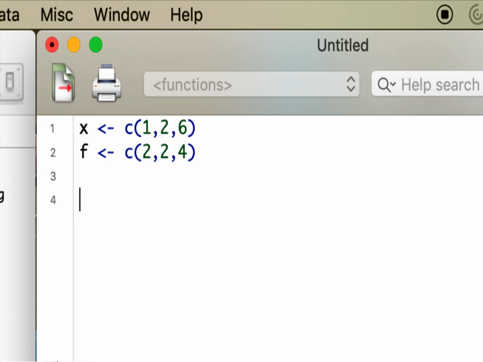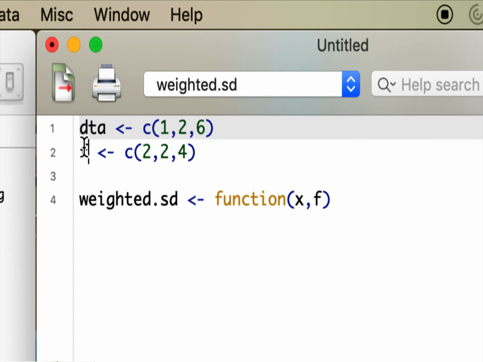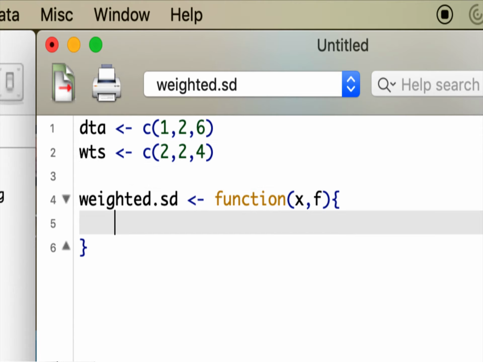Let's create a function that will calculate a weighted standard deviation. I'm going to call it weighted standard deviation. It is a function that has as its inputs x and f. To make this less confusing, I'm going to call these data and weights, but in here we'll just refer to them as x and f. First, we need to calculate the weighted mean, which is just the sum of x times f divided by the sum of f.